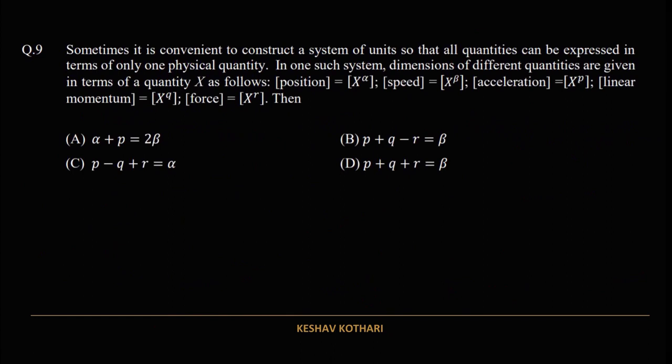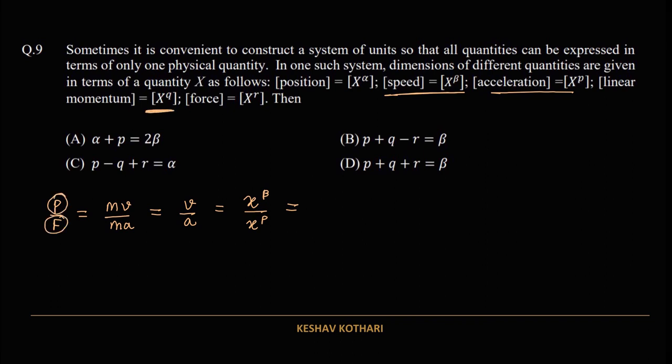So over here I am beginning in a very simple way. If I take the ratio of momentum and force, momentum can be written as the product of mass and velocity, and force as the product of mass and acceleration. So we get velocity upon acceleration, that is equal to the dimension of speed and acceleration. So I can write it as x to the power beta upon x to the power p is equal to the dimension of momentum and force, that is x to the power q and x to the power r.